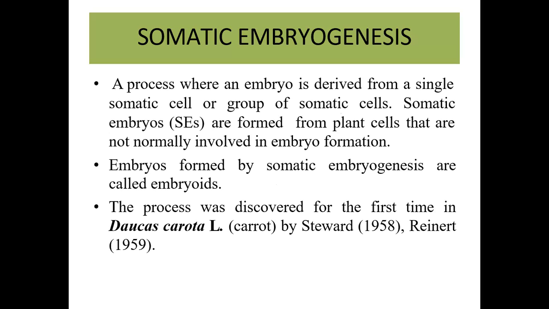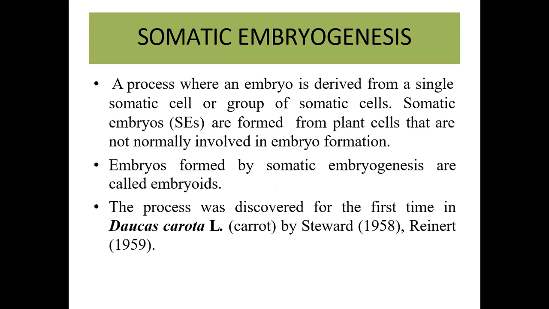Now, a brief history of the development of somatic embryos. Basically, around 1958 to 1959, F.C. Steward and Reinert independently reported the formation of embryos by the somatic cells of Daucus carota, that's a carrot.